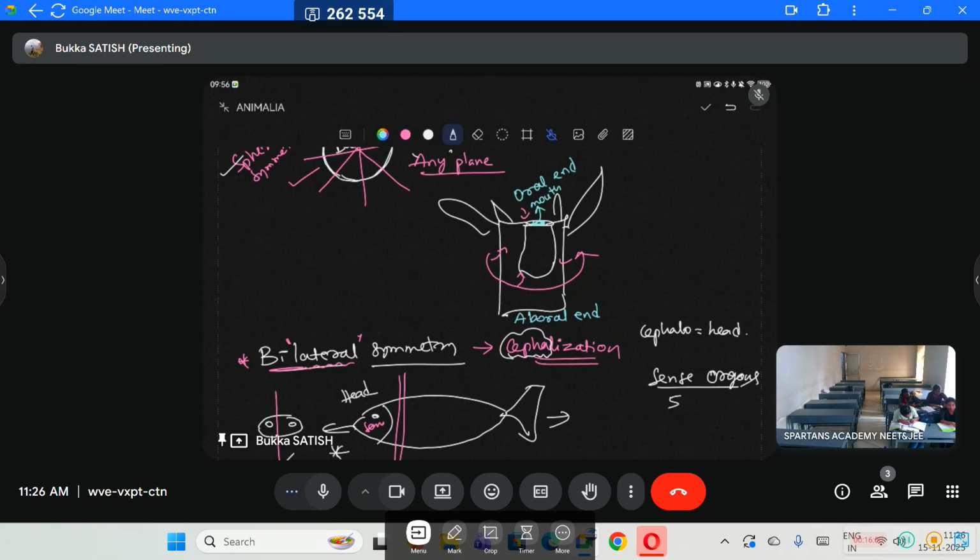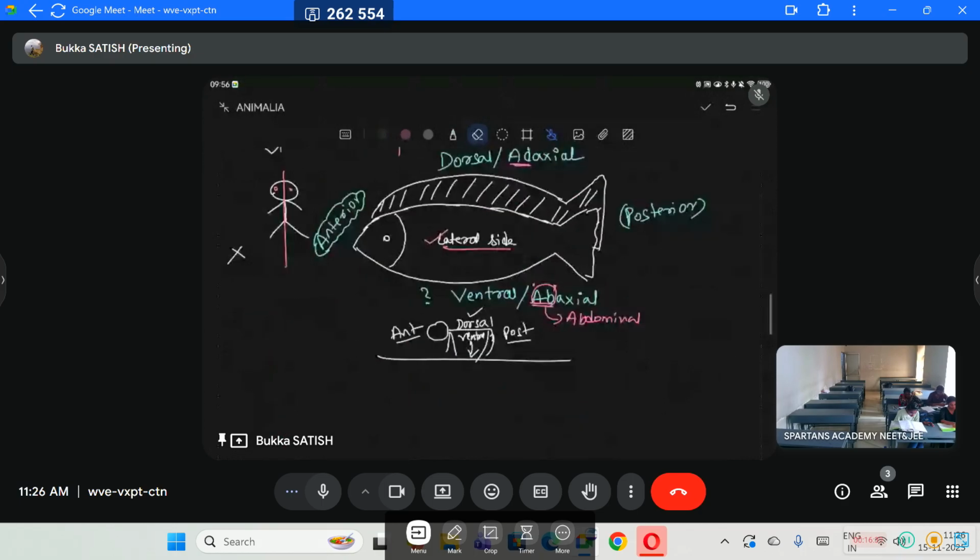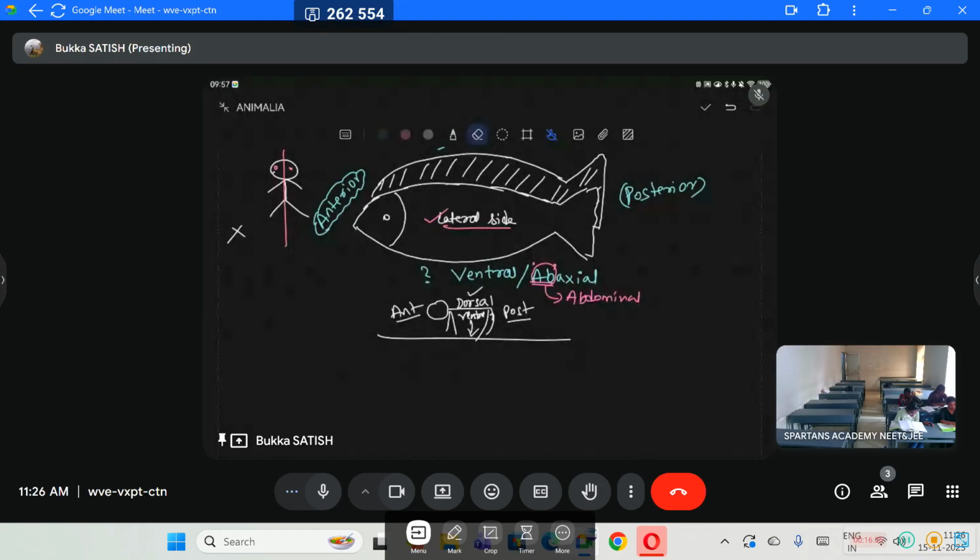Oral, aboral, that's it, in the case of animals with radial symmetry. So this is about the symmetry.